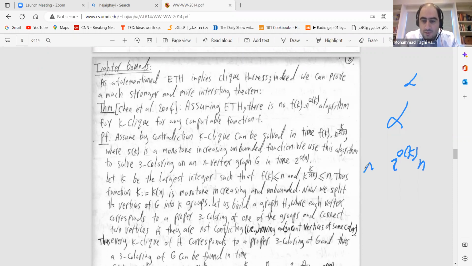So no such algorithm. That is for K-clique or K-independent set, and this is under ETH.